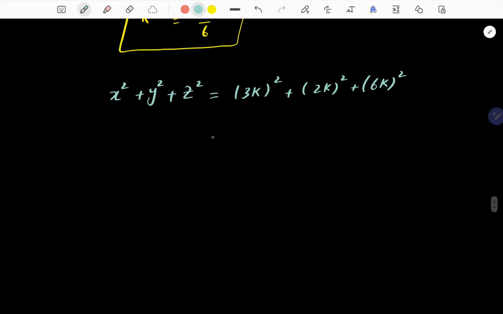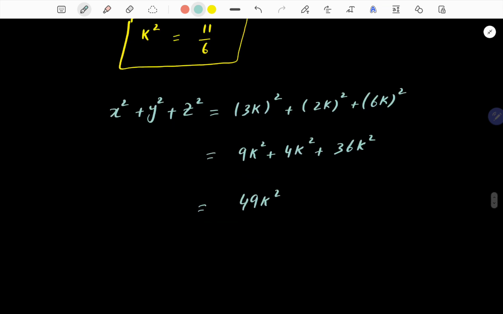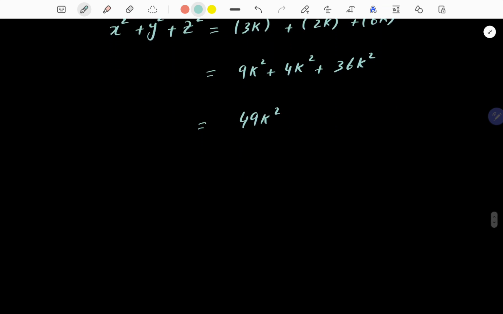Simplifying this, we get 9k square plus 4k square plus 36k square, which is equal to 49k square, and we have the value of k square, which is 11 by 6.